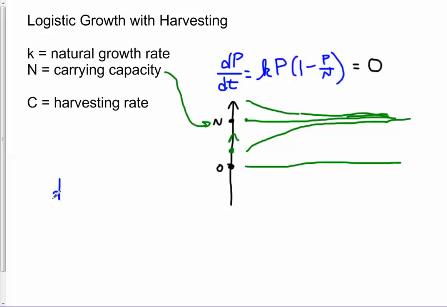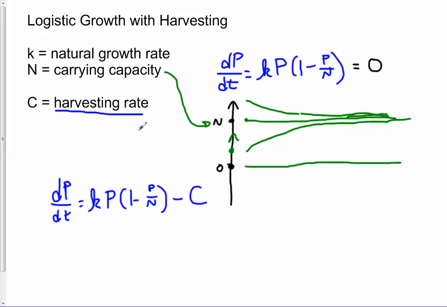So now we have dp/dt equals kp(1 - p/n), and then minus, because we're taking away fish, at some rate. So let's say c is the harvesting rate, the number of fish per unit time that is being fished out of the ocean or river or lake or whatever we're talking about. Okay, so this now is our differential equation.